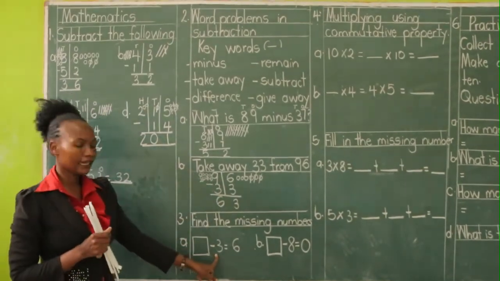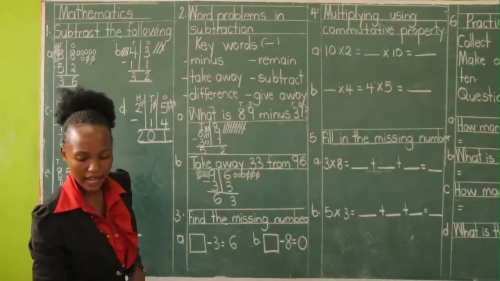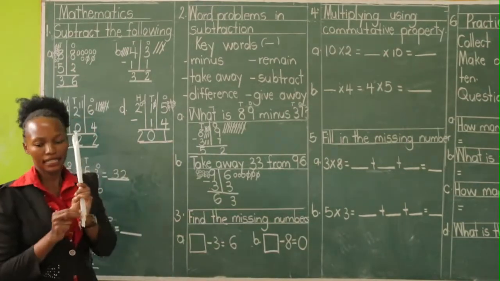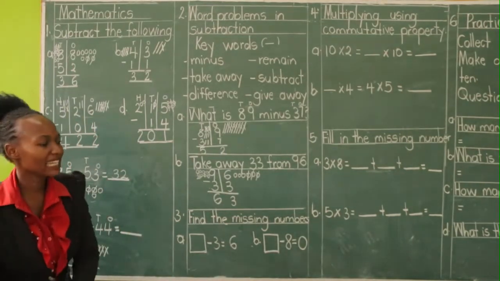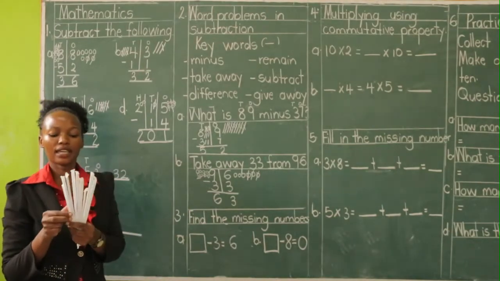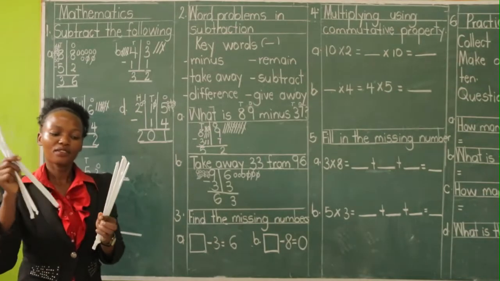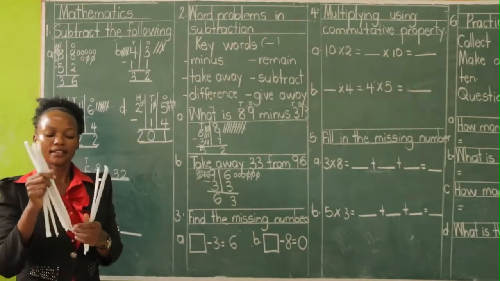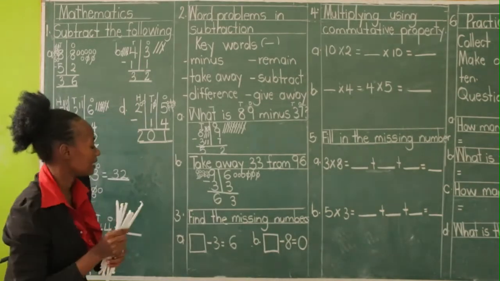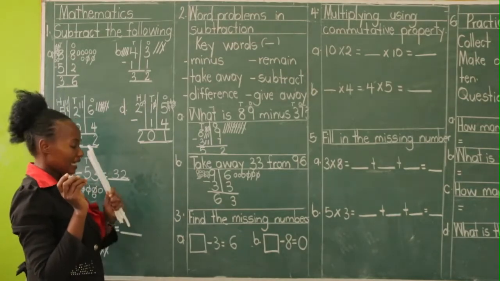And this number, 3: 1, 2, 3. I put them together to find the number which is supposed to be here: 1, 2, 3, 4, 5, 6, 7, 8, 9. It means that the answer is going to be 9.